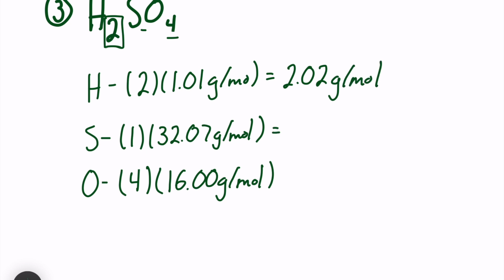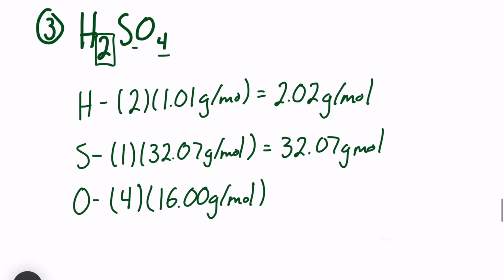For sulfur, we'll go 1 multiplied by 32.07. That's an easy calculation. We'll just have 32.07 grams per mole for our sulfur portion of this molecule.